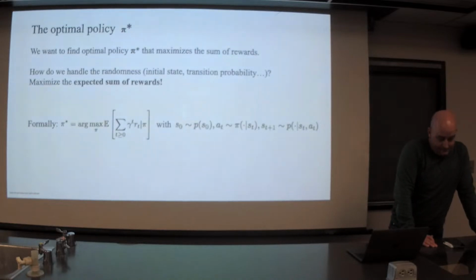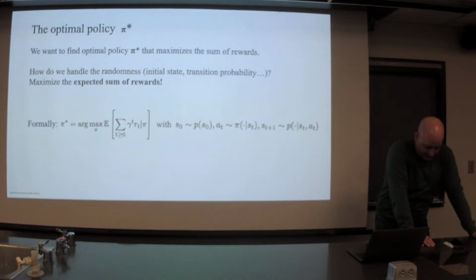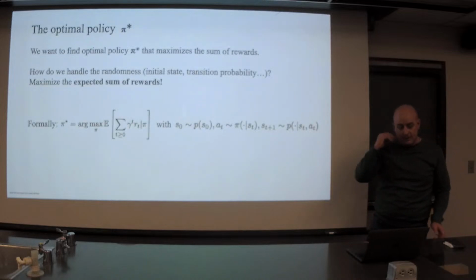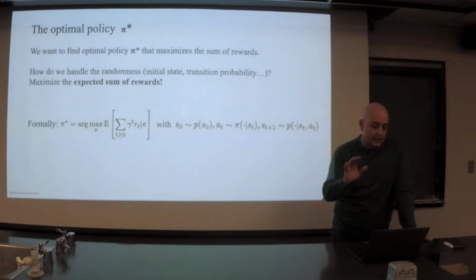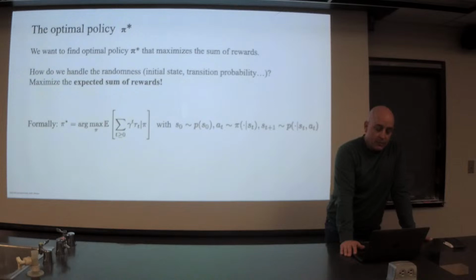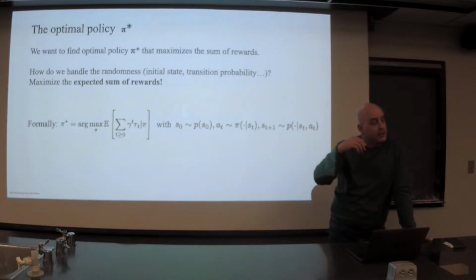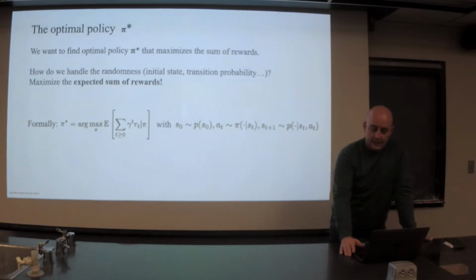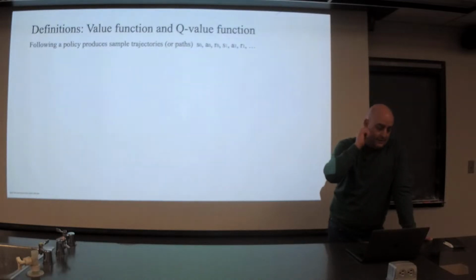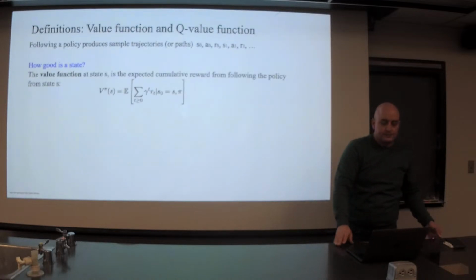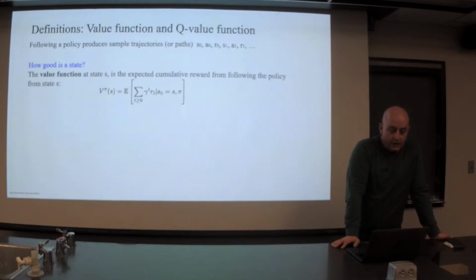So I don't really know the history of how all this developed, in terms of what things were discovered first. But the way that we go about optimizing policies, at least in what's known as Q learning, is that we're going to define a couple of helper functions, which are known as the value function and the Q value function, denoted by V and by Q. And what are they?